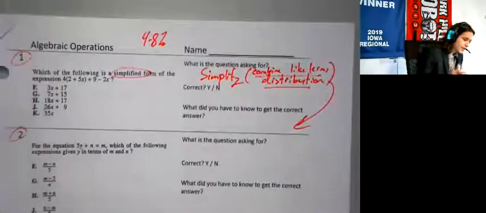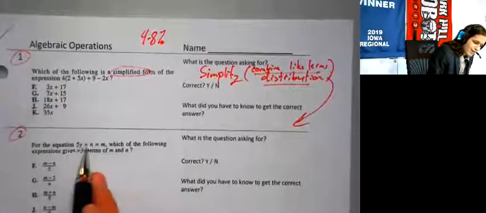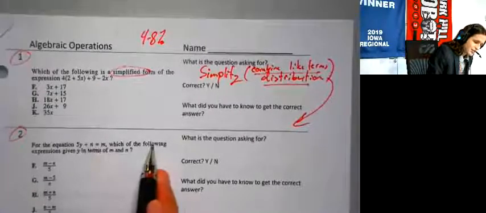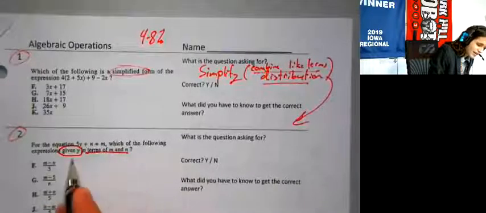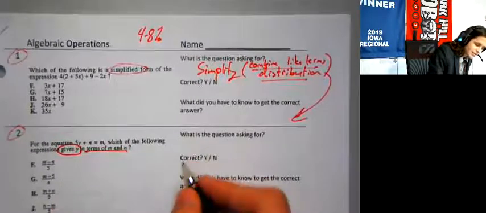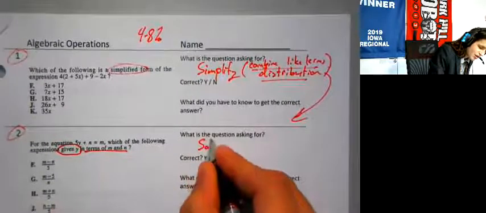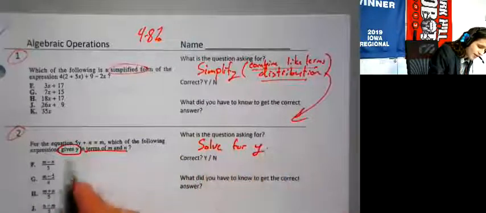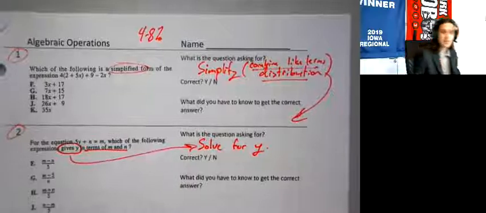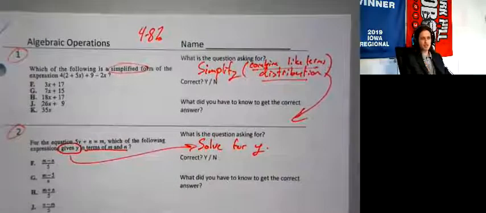No, never. For the equation 5y plus n equals m, which of the following expressions gives y in terms of m and n? When it says gives y, what's it asking for? It's asking you to solve for y. If you ever see that phrasing, gives something, that's asking you to solve for it.